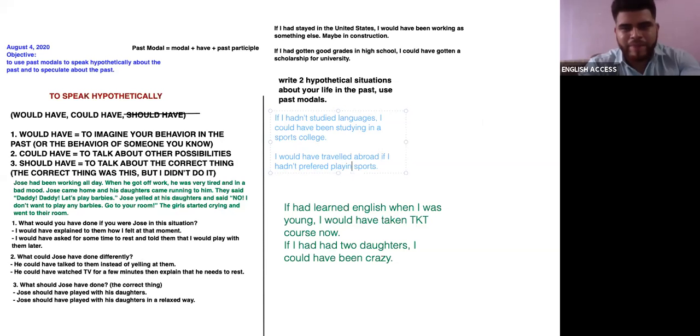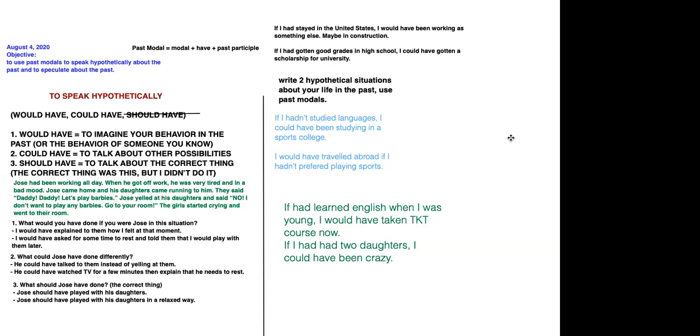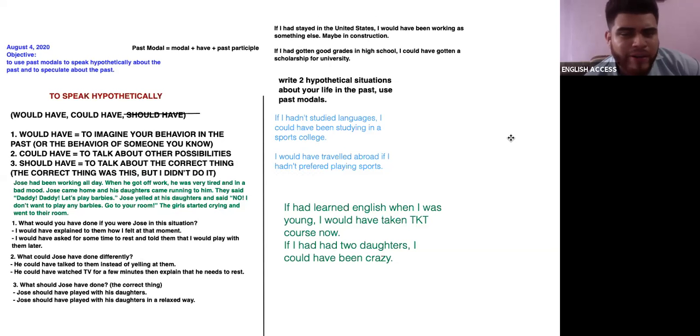If I hadn't preferred playing sports. I would have traveled abroad if I hadn't preferred playing sports. Excellent. It'd be playing football, but I don't know how to change. Yeah, if I hadn't preferred playing football.